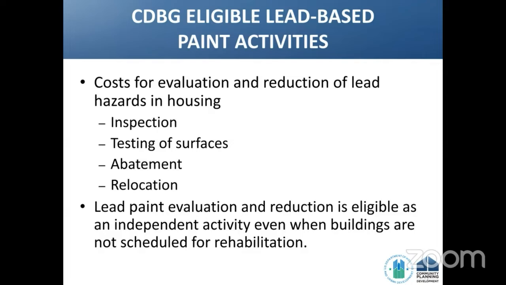But if they're going to address it, then it's also eligible under this category. But they can also just use CDBG to evaluate if they would like and use a different source to mitigate it, but they don't have to.